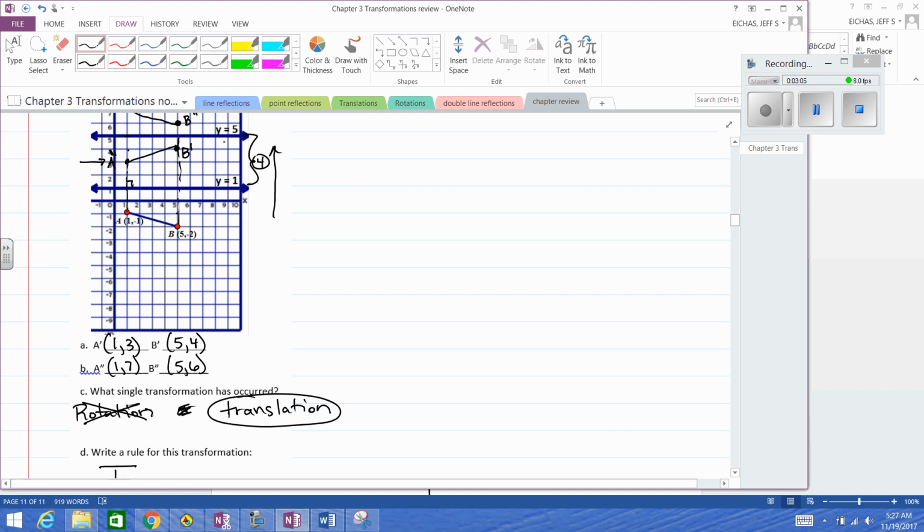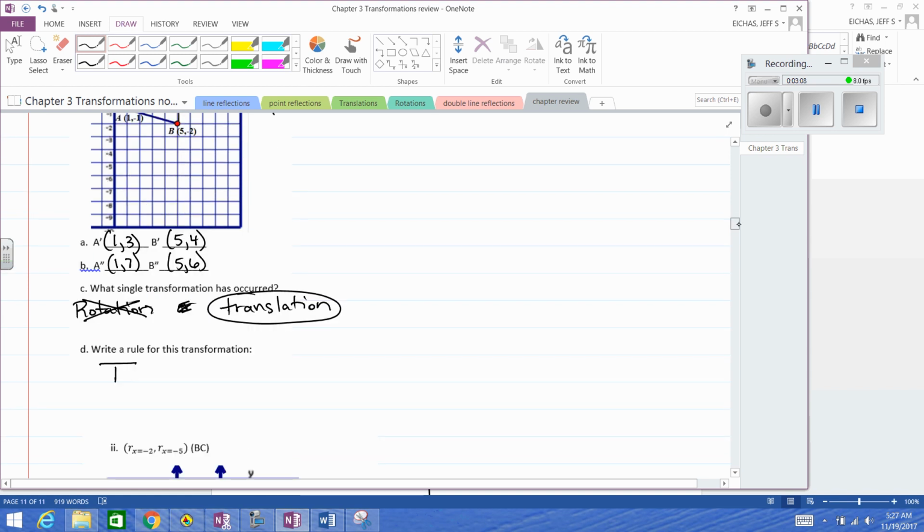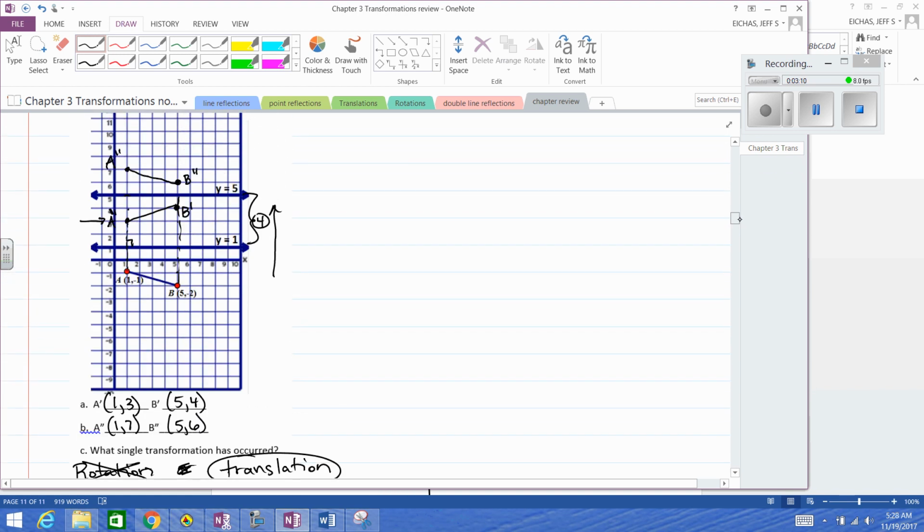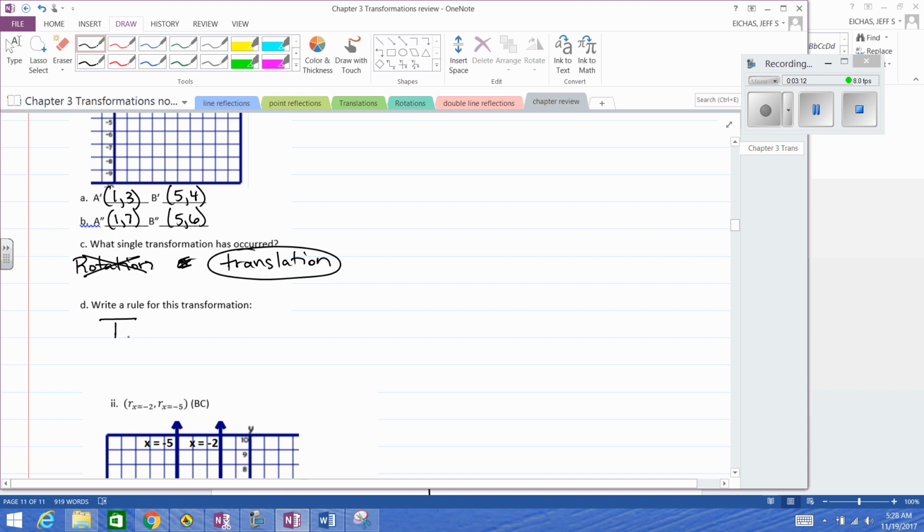The distance between these lines is 4. That translation is going to be 8. It's going to be 8 up, so you could say 0, 8. Some people put it in the vector notation, or you could say (x, y) maps to (x, y + 8).